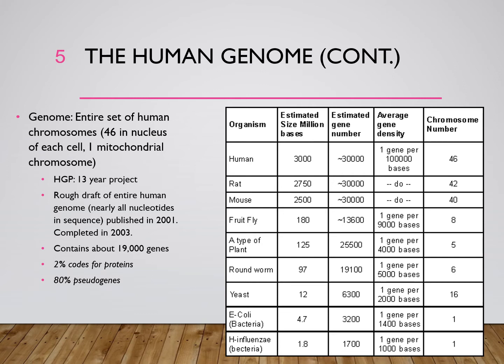And approximately 2% of those genes code for proteins. The other 80% actually are like on-off switches. So they're going to tell genes to turn on and genes to turn off. And the rest is just, well, fluff. Parts of genes that we no longer need or we no longer use, or that have been kind of discarded for whatever reason. Extremely interesting.